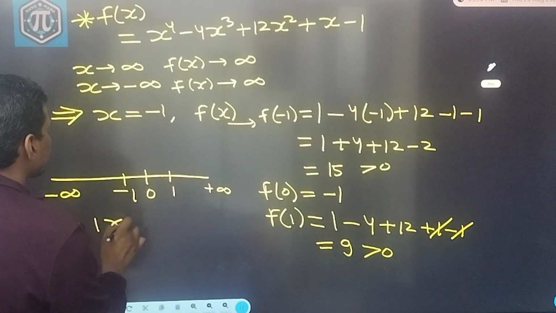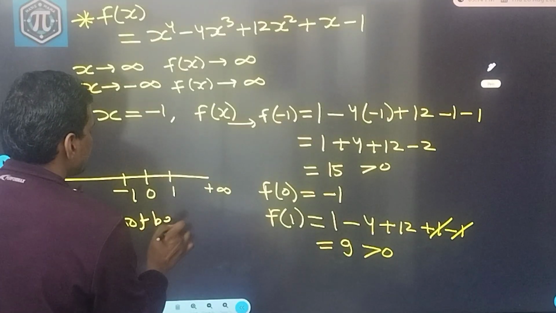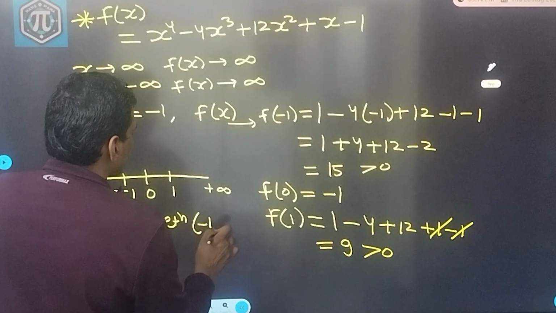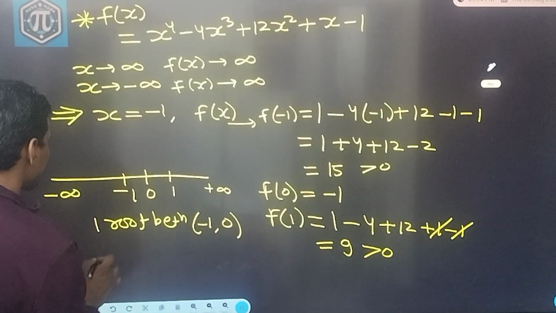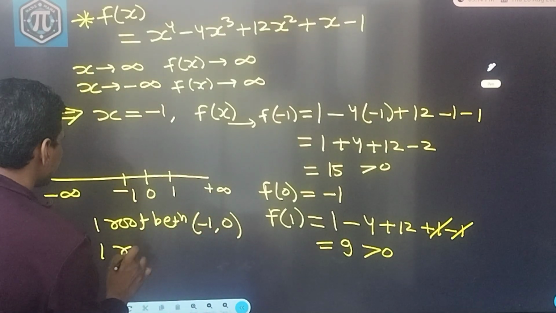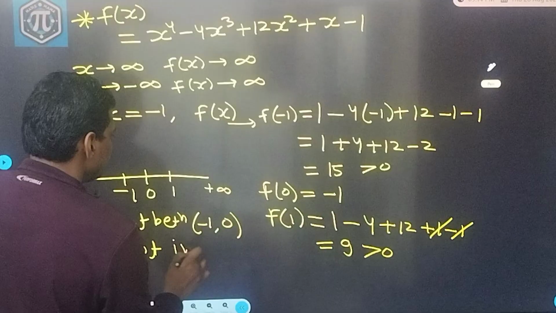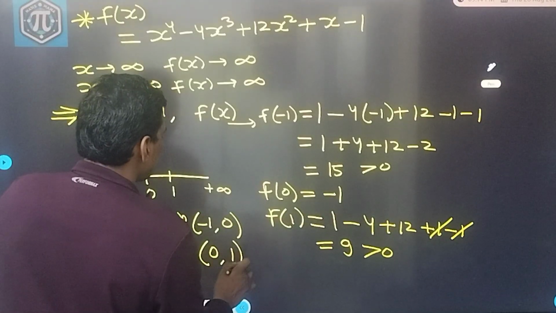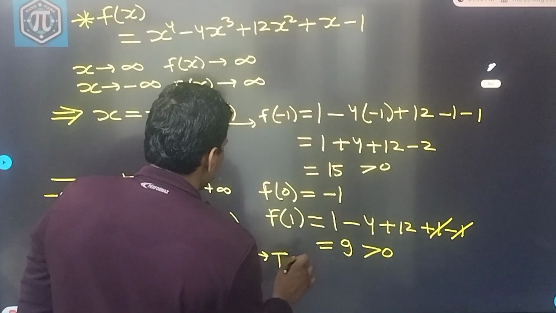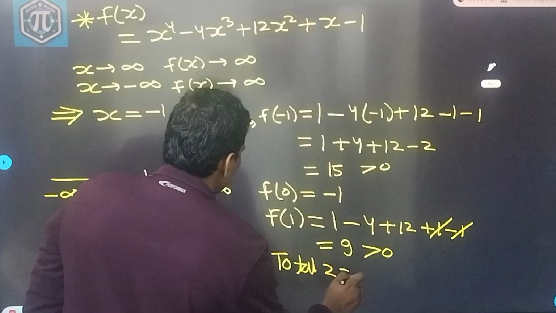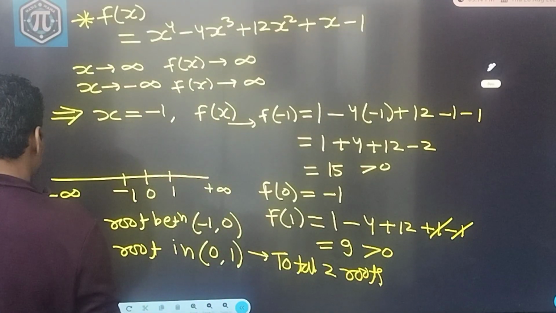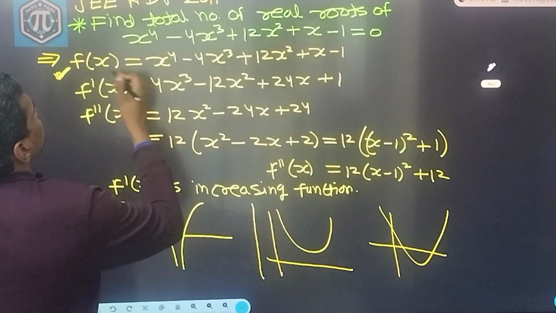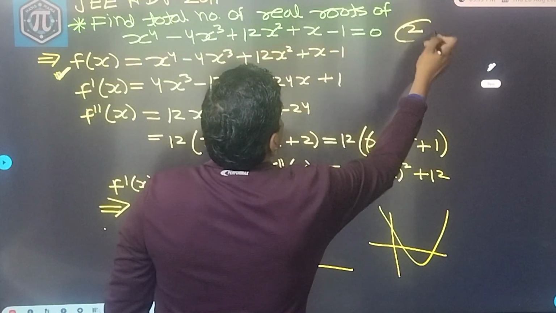So one root between minus 1 and 0, and one root in the 0 to 1 interval. That means total 2 roots. Our answer of this question is 2.